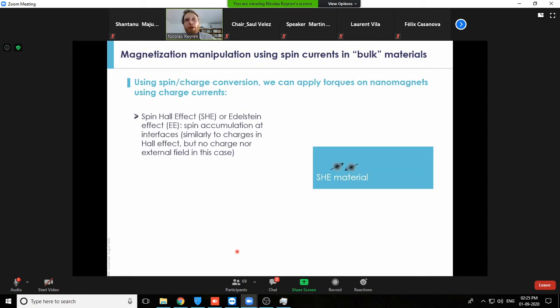So, one more time, when you speak about spin Hall effect, usually what you do is you pass a charge current, you accumulate spins at the edges of the spin Hall effect material. As it was described, this accumulation can be complicated if you have a few atomic layers only.